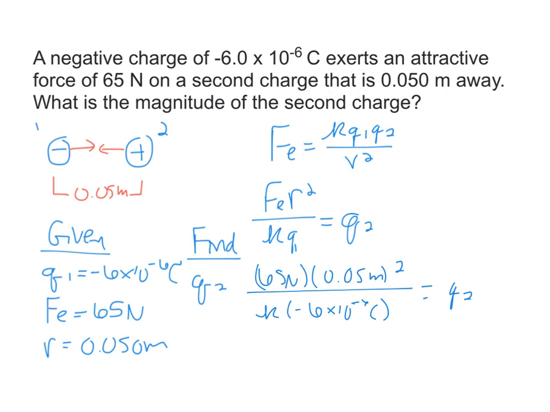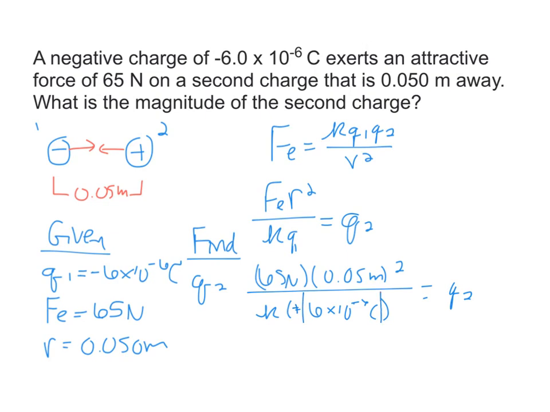Putting the numbers in, it's going to come out as negative, but it's asking for the magnitude of the second charge. I could have left out this negative here, that would have been fine. Really what the positive and negative is telling me is the direction of these forces, and that'll come more into play when we add in a third charge. So for now, this is just the magnitude of whatever that charge was.